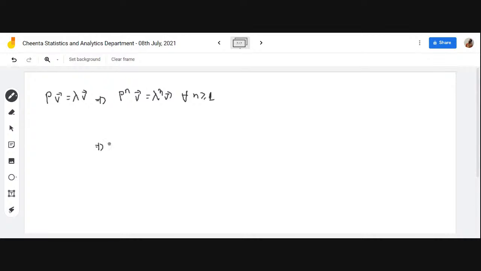So let's try to understand this. Now 1 plus P plus P squared up to P to the power n is equal to 0, right? But let's try to understand this on the eigenvector v. So this gives v vector plus Pv vector plus P squared v vector dot dot plus P to the power n v vector.